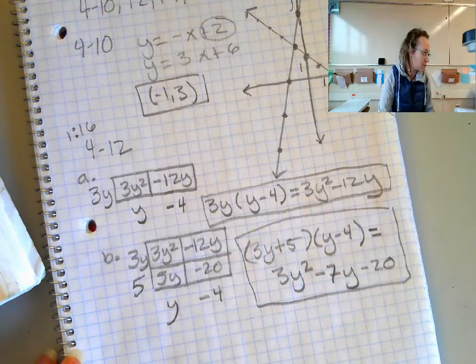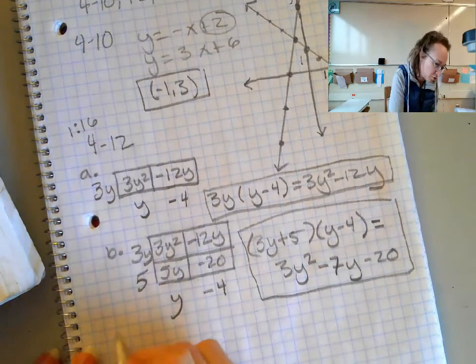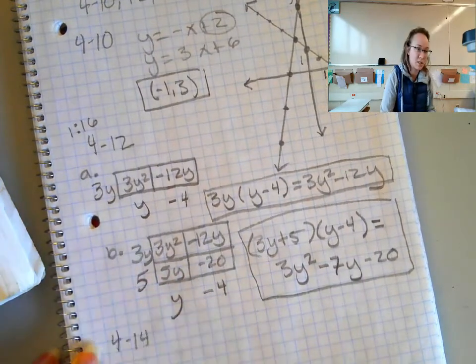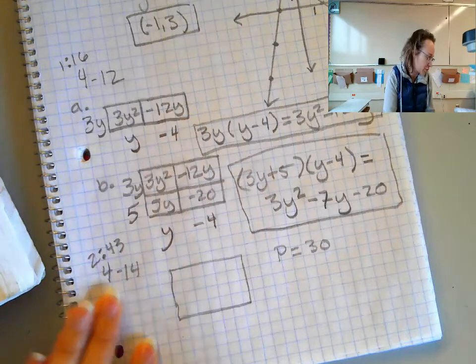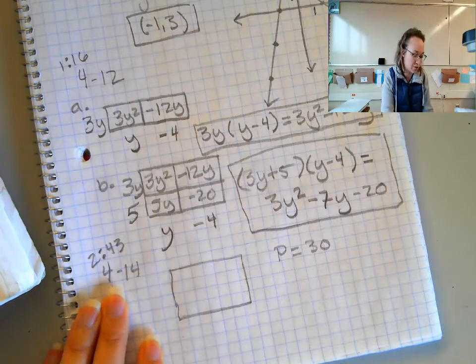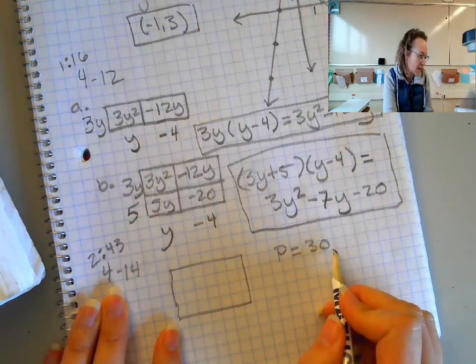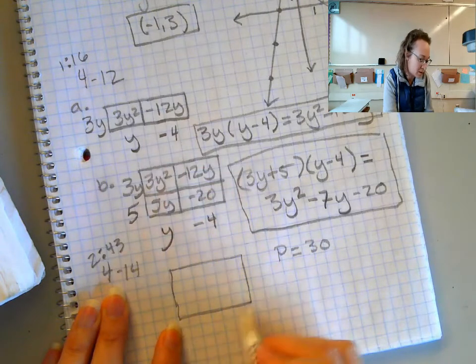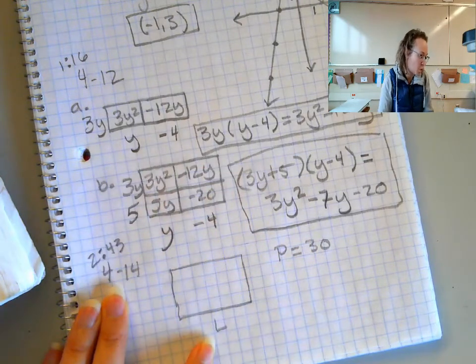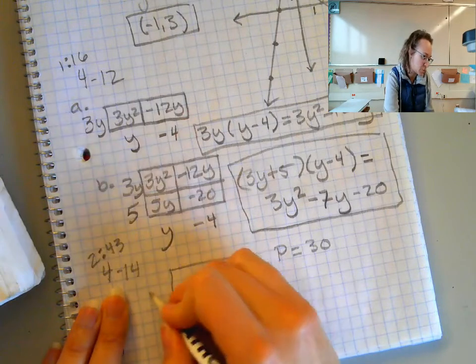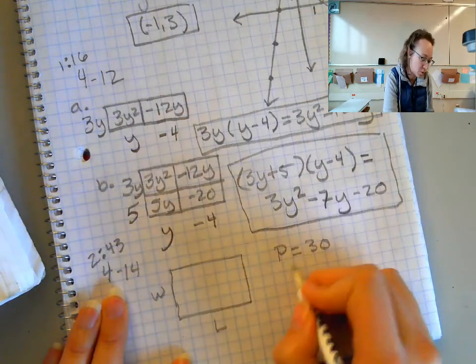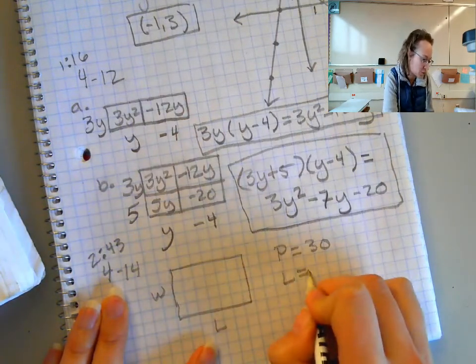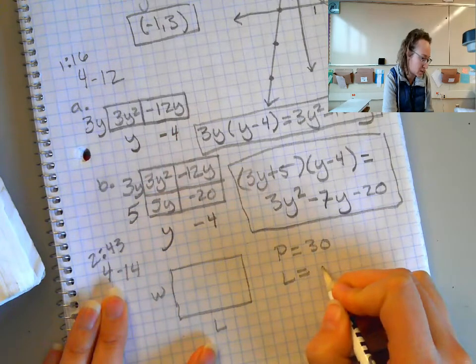Okay, next we have 4-14. So 4-14, we have a rectangle with a perimeter of 30 inches, and its length is 1 less than 3 times its width. So the length equals 1 less than 3 times the width.